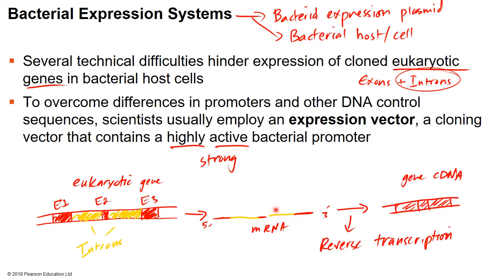Okay. Of course, not this mRNA, because this mRNA is the pre-mRNA, and then the pre-mRNA will be converted into an mRNA that contains the exons, for example, only. So introns will be removed by RNA processing, let's say.